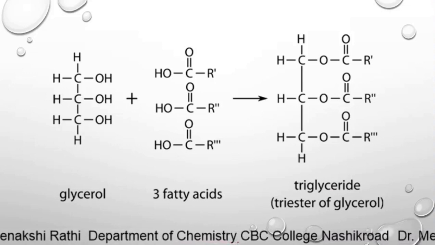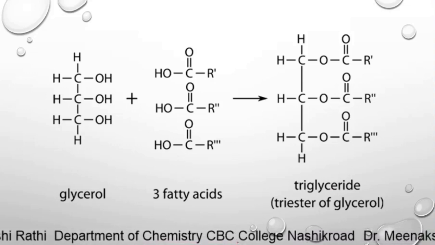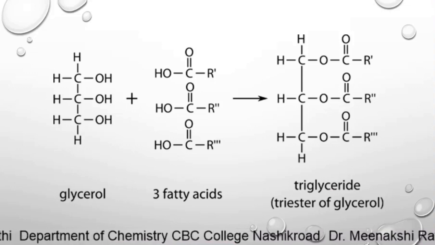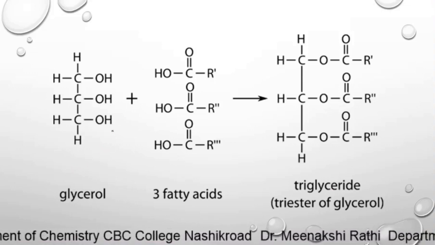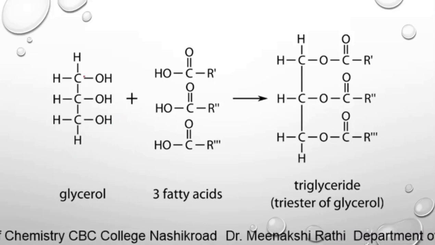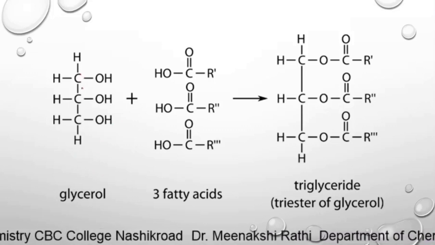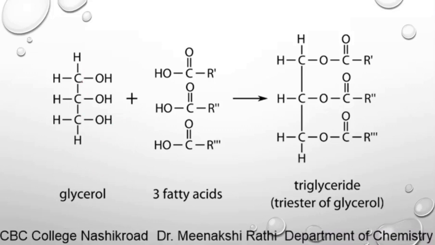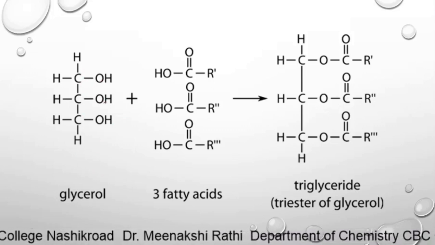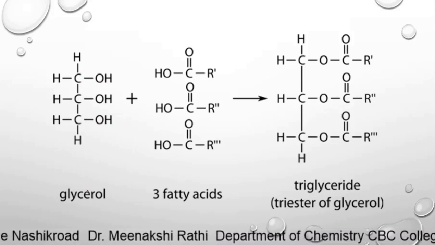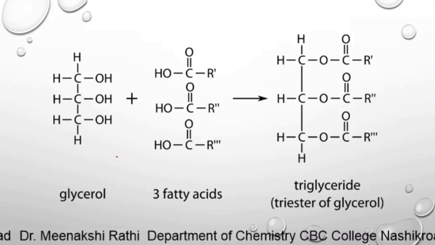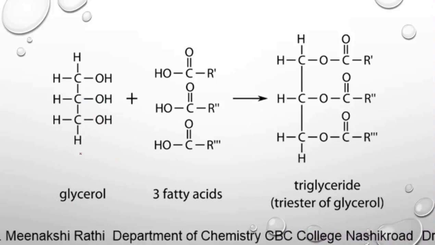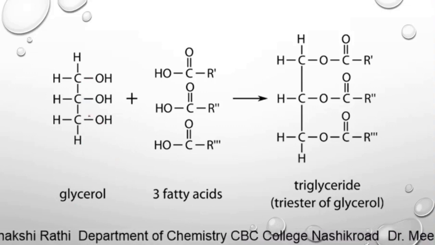Here, when one molecule of glycerol, you can see glycerol is a 3 carbon compound, and to these 3 carbons 3 OH groups are attached. So glycerol is a trihydric alcohol. This is a single molecule which contains 3 OH groups.